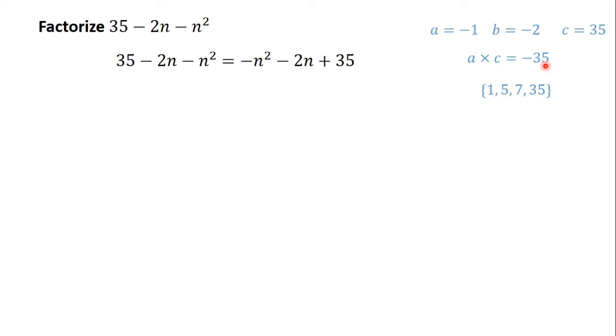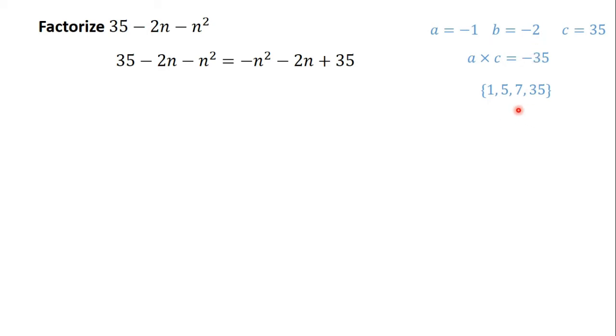So let's list the factors of 35. They are 1, 5, 7, and 35. These are the factors of 35. So from this set, we are going to have the two numbers that when we multiply, we will get minus 35, and when we add, we will get minus 2.